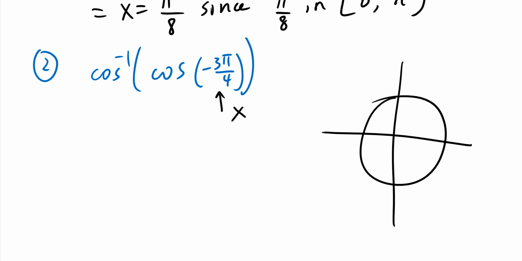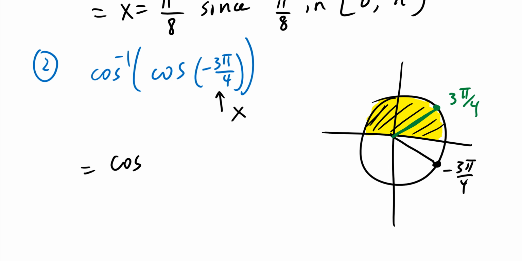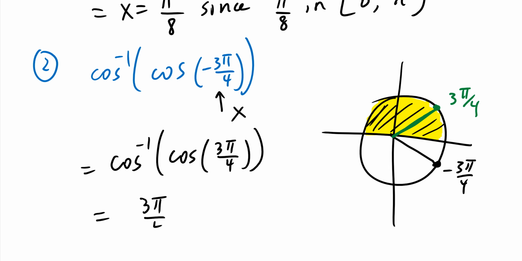It must be somewhere in the first two quadrants in order for us to use the property. So what do we have to do in this case? Well, it's a very simple process. All you have to do, as we did before in sine, is use the symmetry. So we can replace the negative with 3 pi over 4. And in this case, that becomes 3 pi over 4.